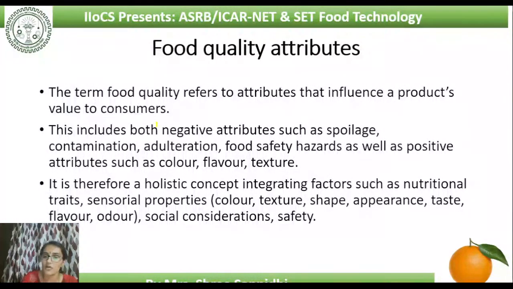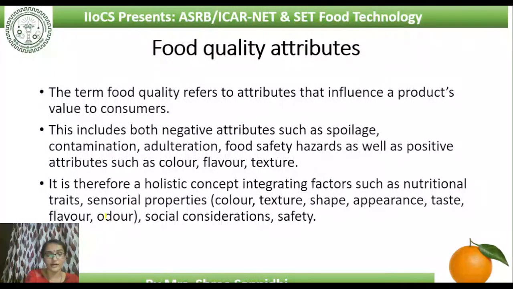There are many more attributes, these three being the important ones. So these are the attributes or the features of a particular food product. The negative features of food products are learnt in a different section. We will be mainly focusing on the positive features.